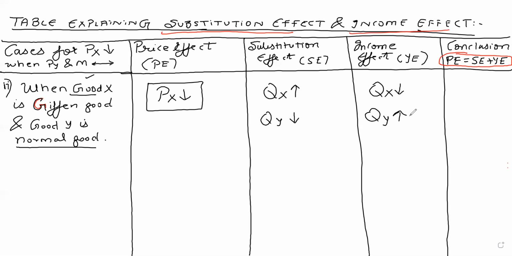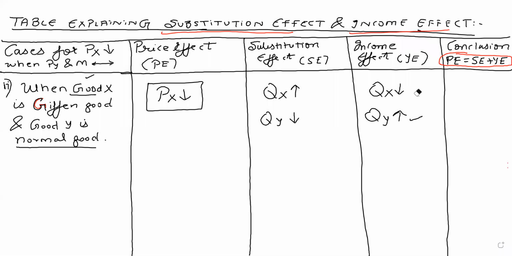According to the substitution effect, good X has become cheaper, so buy more of it and less of the other good. According to the income effect, when the price of good X falls, purchasing power, captured by M upon Px, goes up, since Px, the denominator, has fallen. When your purchasing power has gone up, you would want to buy more of the normal good and less of the Giffen good.